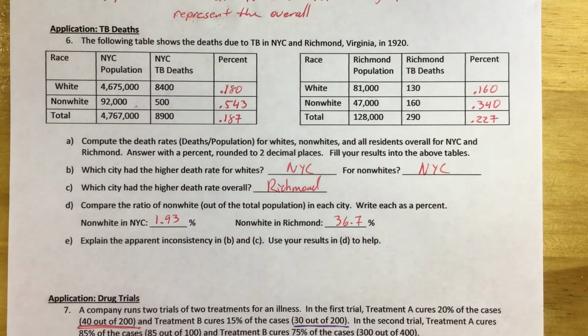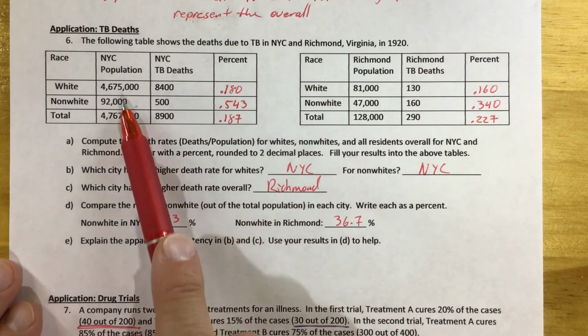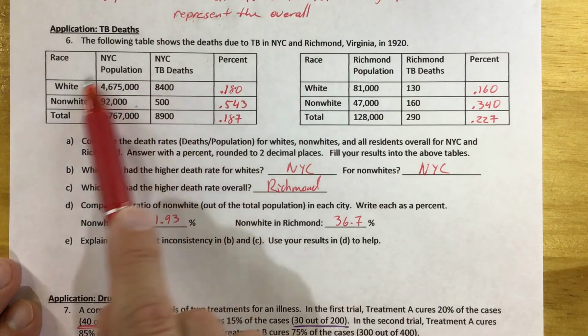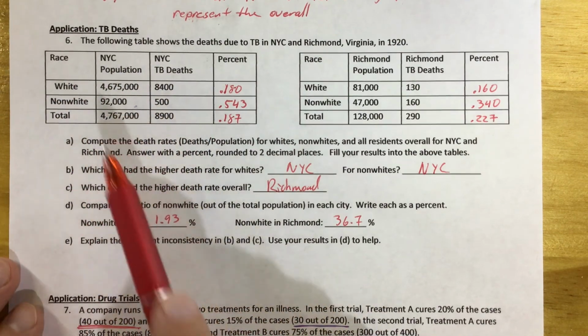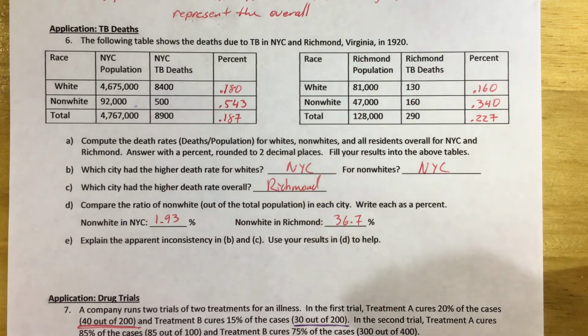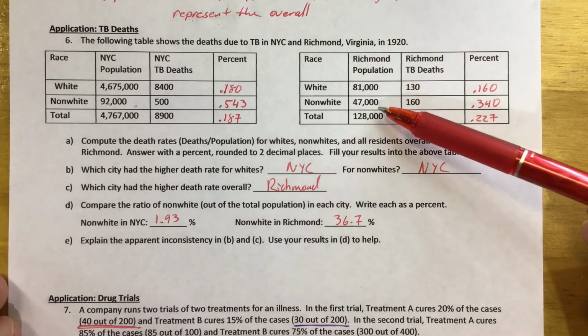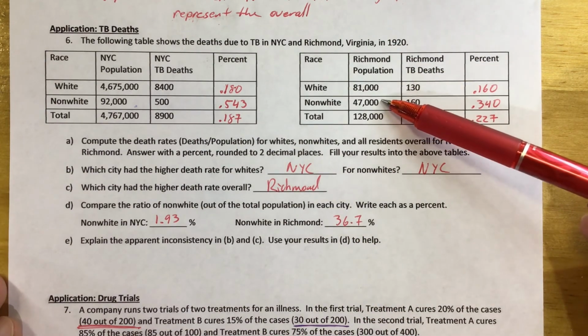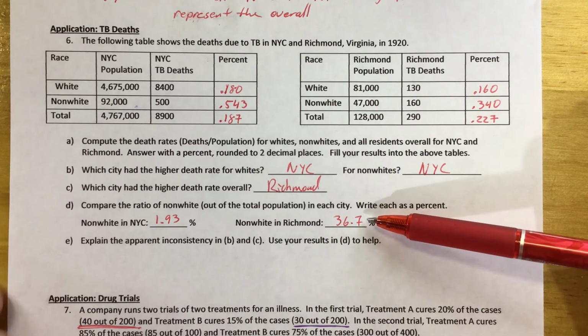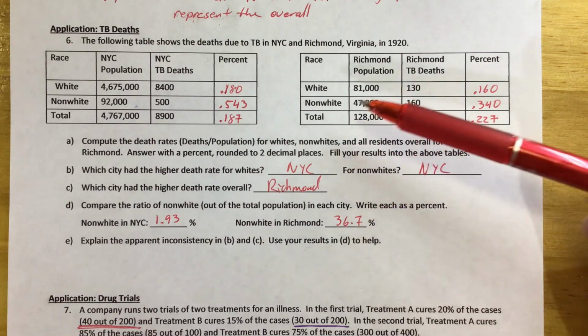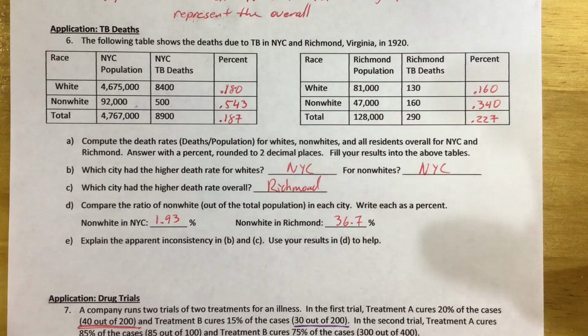Okay, so maybe you almost need to imagine, if you're on the street and you're looking at people and you can see their different races, that in 1920, here is lots and lots of whites, not very many non-whites that you would probably interact with. Here, well, it's 36, so it's a little bit greater than a third. So a little bit more than 1 out of every 3 people would be a non-white. Okay, so how does that then overall change the data that we look at?